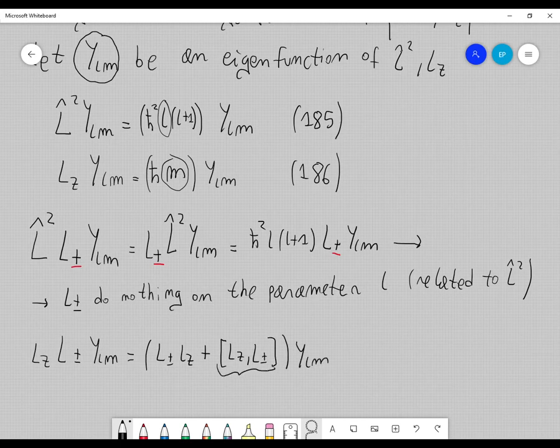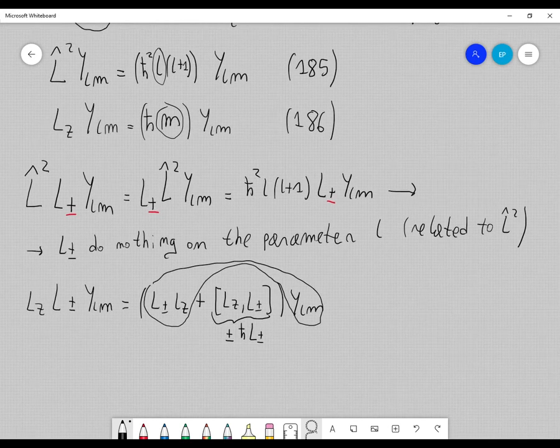This commutator is equal to plus or minus, depending on whether there is a plus or a minus, h bar L plus or minus. When these operators act on this state, because we act first with Lz, this gives rise to h bar M times L plus minus YLM. So we find easily that this is equal to h bar times M plus or minus 1, times L plus or minus YLM.